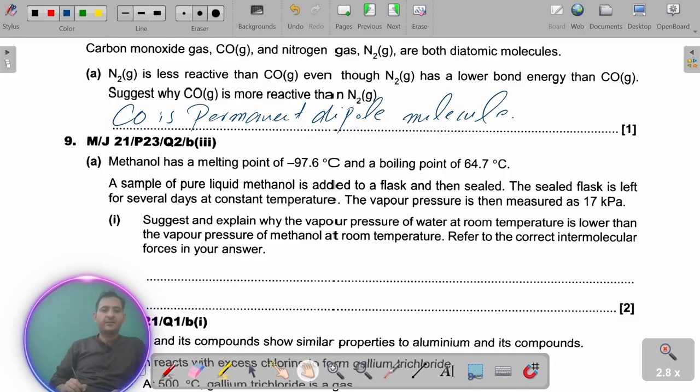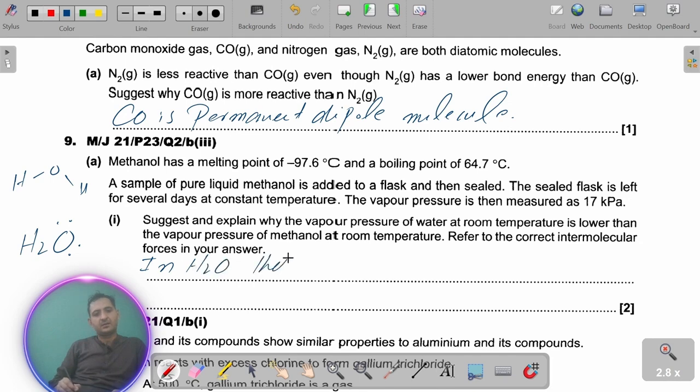And we know in a water molecule, in H2O, we have these two hydrogens.